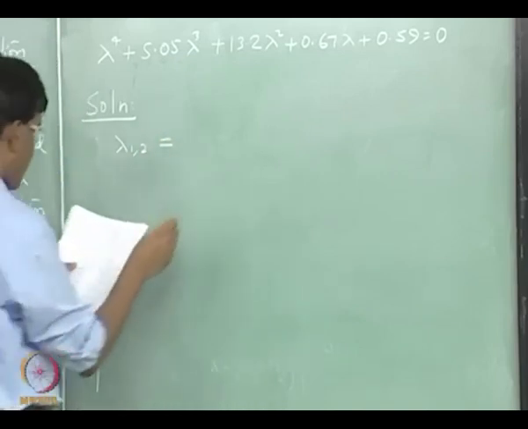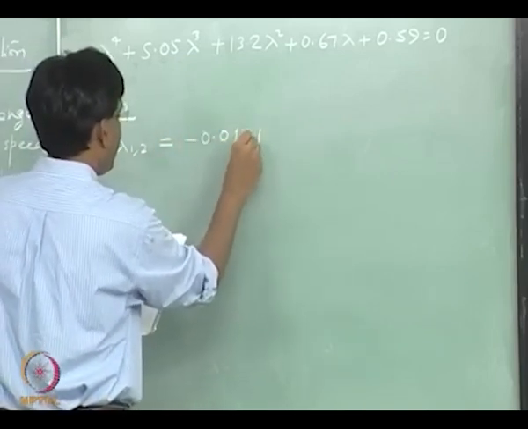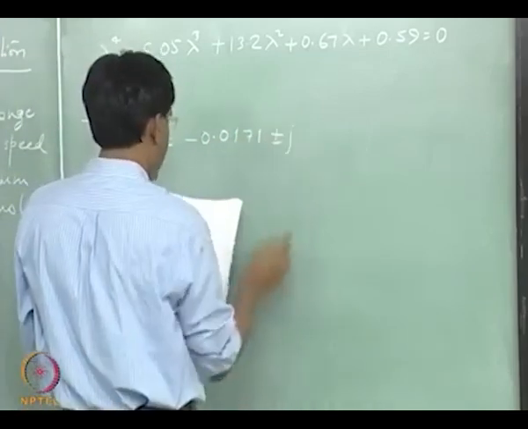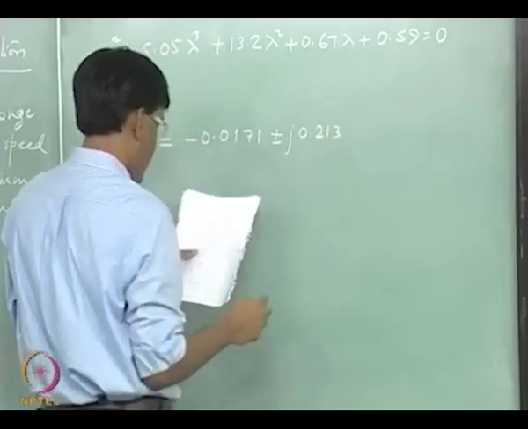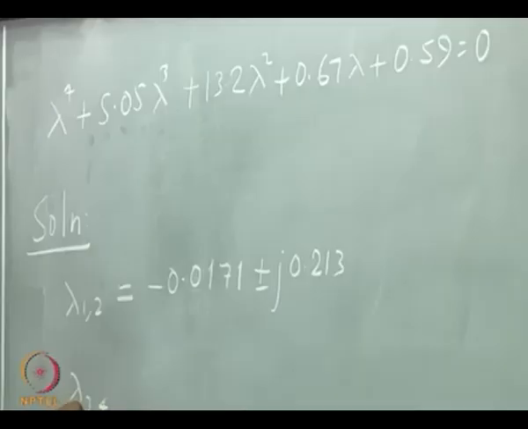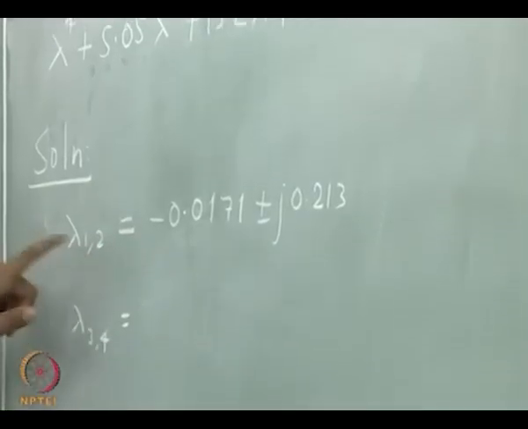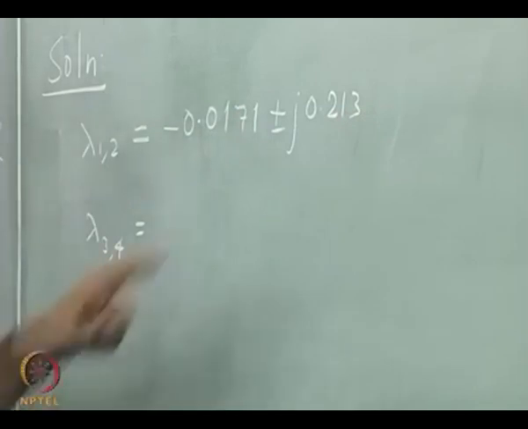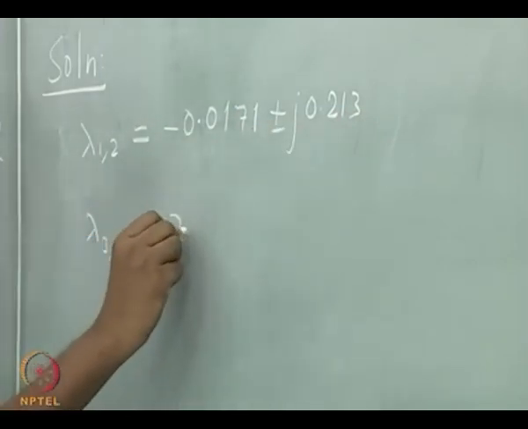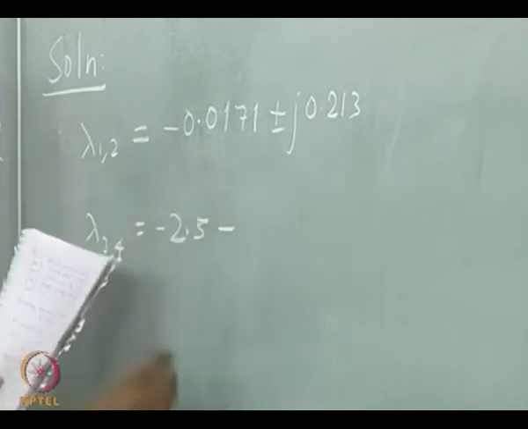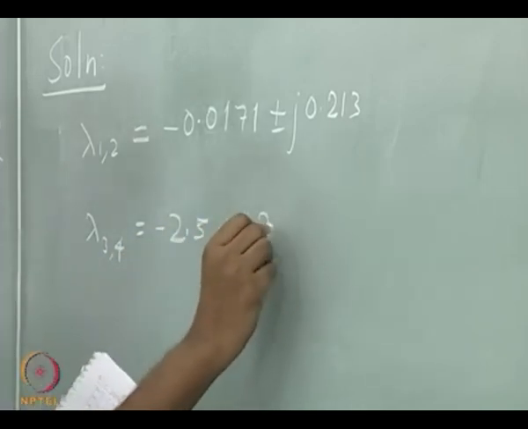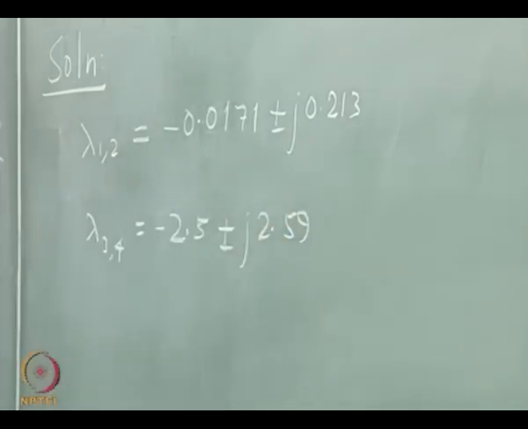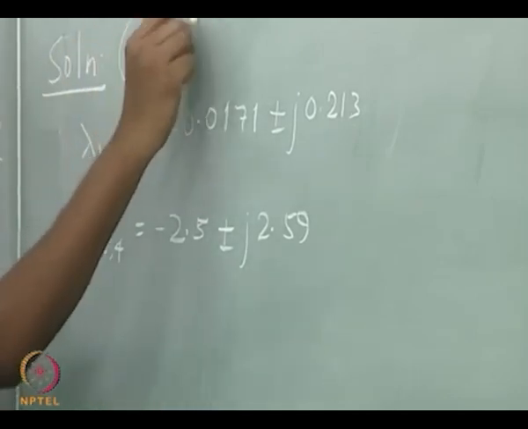So, one pair is lambda 1 and 2 equal to minus 0.0171 plus minus 0.213 imaginary part, and the other is minus 2.5 plus minus 2.59 imaginary part. These are exact solutions.